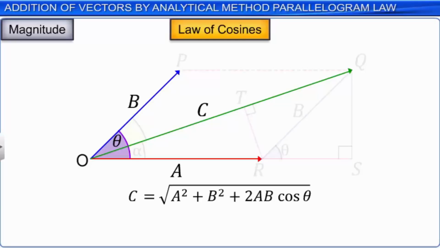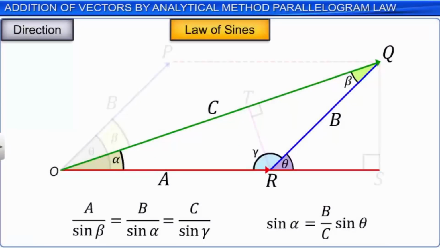This equation is known as the law of sines. Sine alpha is equal to B by C into sine theta. From this equation, we can find the direction of the resultant vector C. Tan alpha is equal to B sine theta by A plus B cos theta. From this equation, we can find the direction of the resultant vector C.